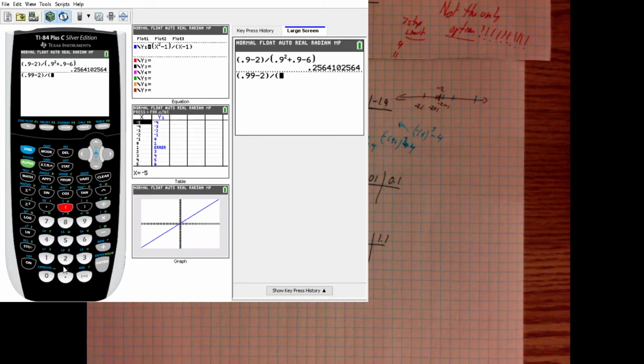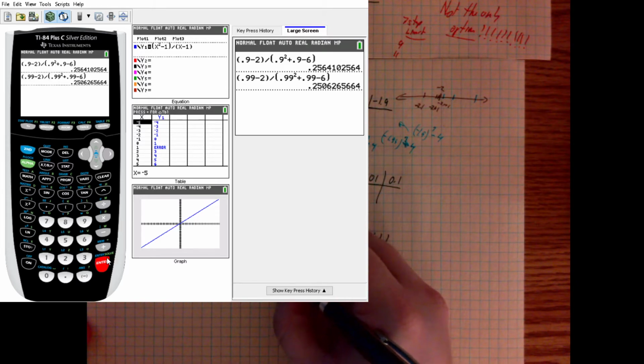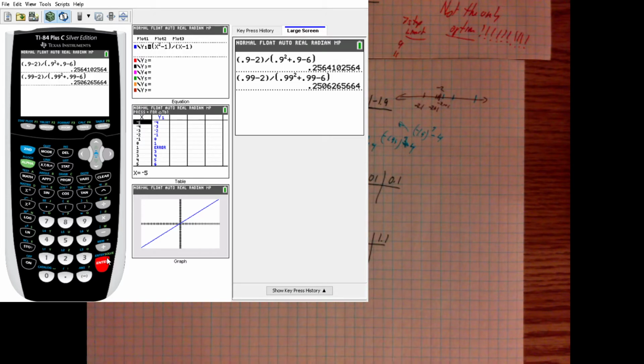We do the same thing now, but with 0.99 minus 2 divided by 0.99 squared plus 0.99 minus 6, which gave me 0.2506. Now I do the last one on that side.